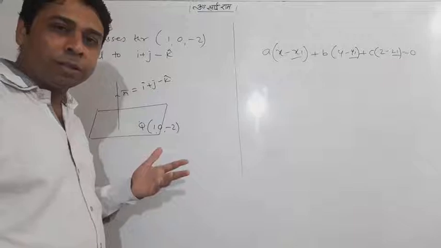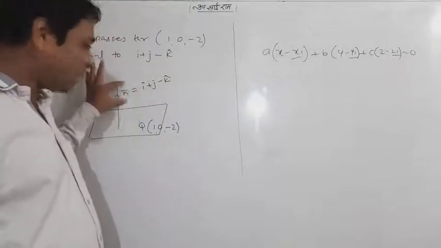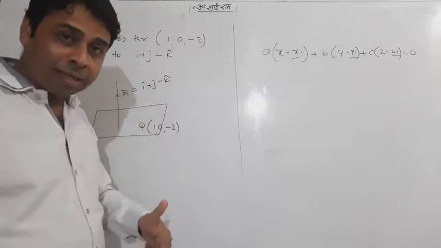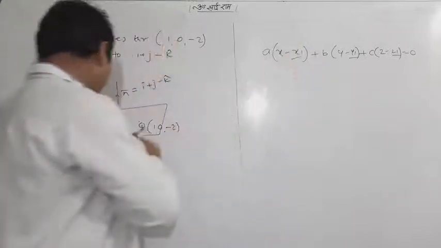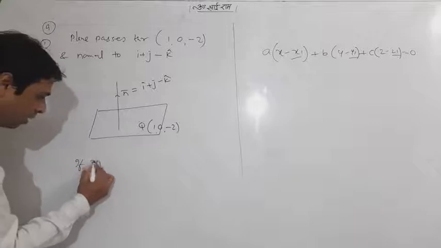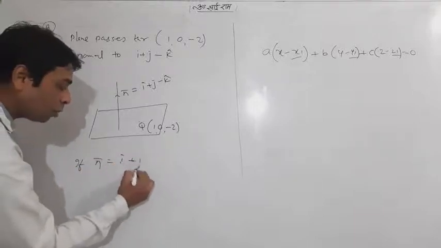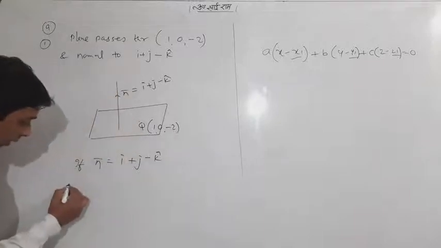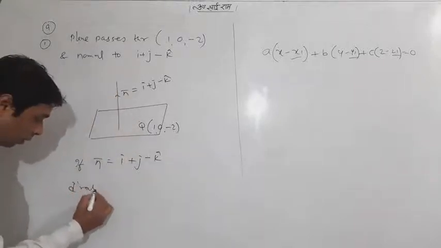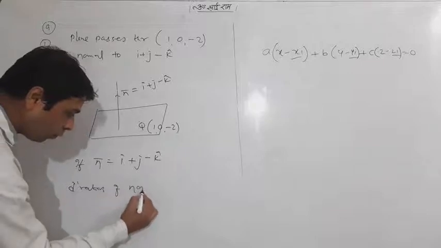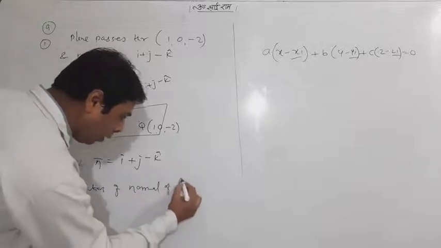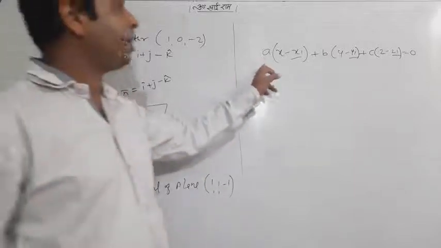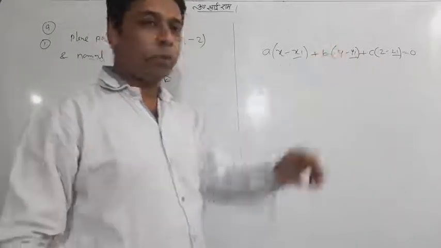In any vector, the coefficients of i, j, k are normally a, b, c. So if n is the normal vector i plus j minus k, in Cartesian way I would write that the direction ratios of the normal of the plane will be 1, 1 and minus 1, which are actually a, b, c.